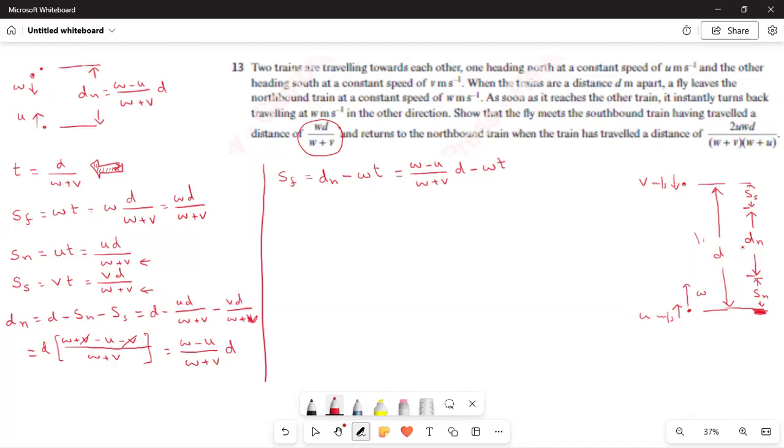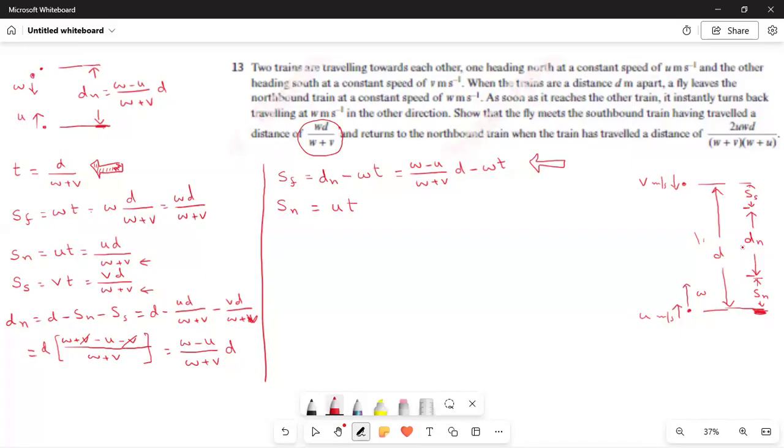Now from this reference point, the distance traveled by the fly is given by this equation. Now the distance traveled by the northbound train from this point, its speed is U, so it is U into T, right?